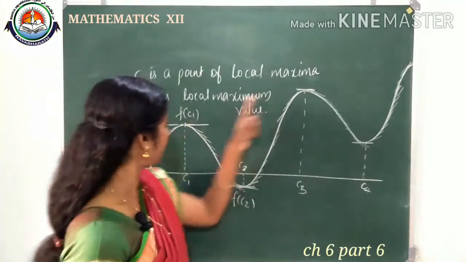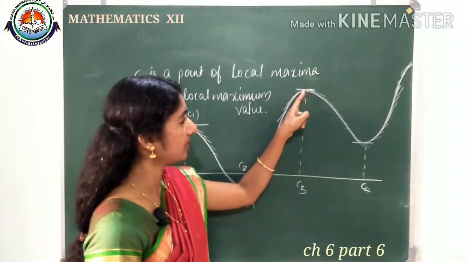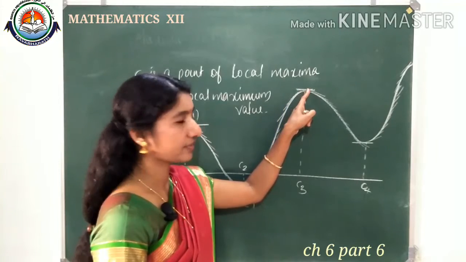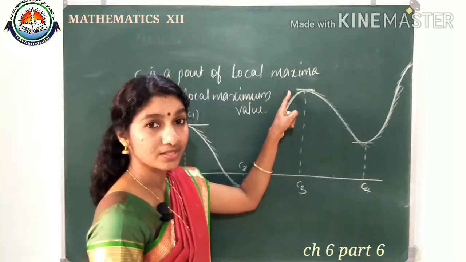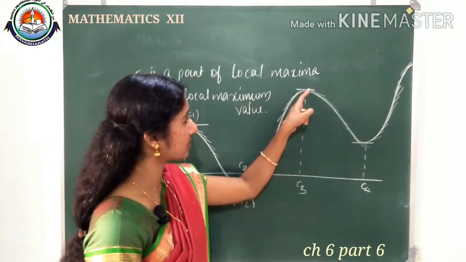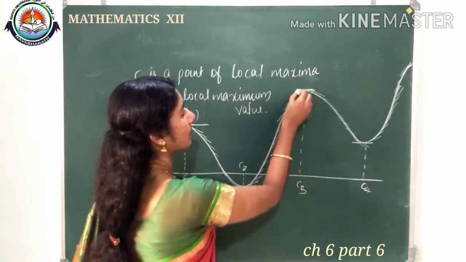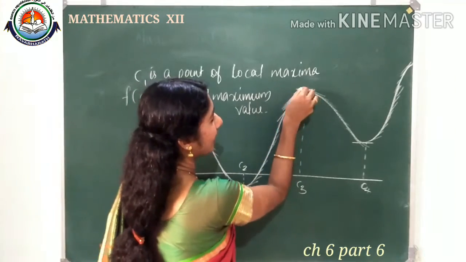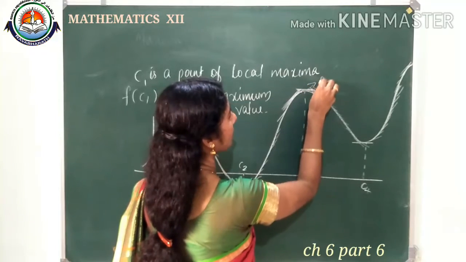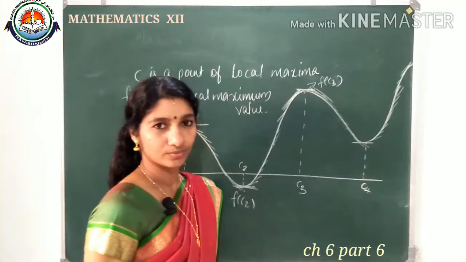Here the same explanation we discussed for this point comes again. On the left side of C3 the slopes of the tangents are positive, and there is a change from positive to negative. So at C3 the slope of the tangent is 0.